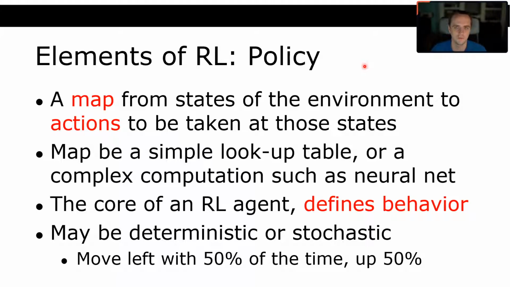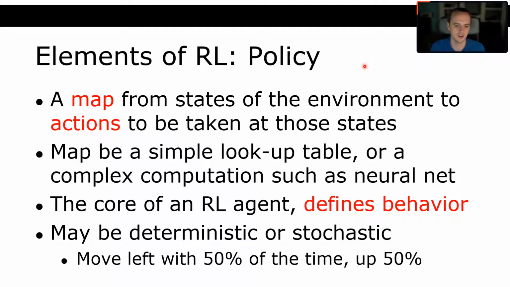So for example, your policy will actually be a distribution over actions, usually. So what that means is that instead of having a policy which says, when you're in this state, do this action, right? It'll say, when you're in this state, with this probability, do this action. With this probability, do this action.